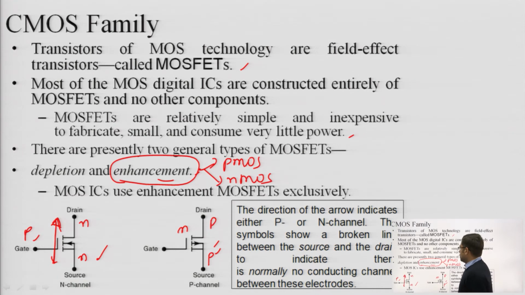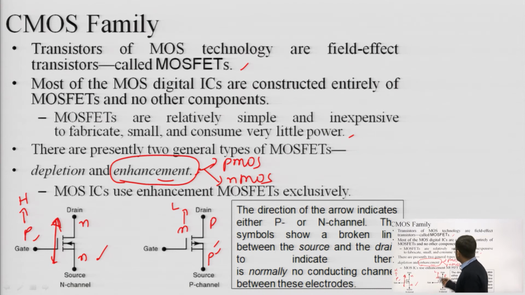Okay. So we can also see that if we want to conduct, then they have to be forward biased. That means P has to be connected to high voltage and N has to be connected to low voltage.